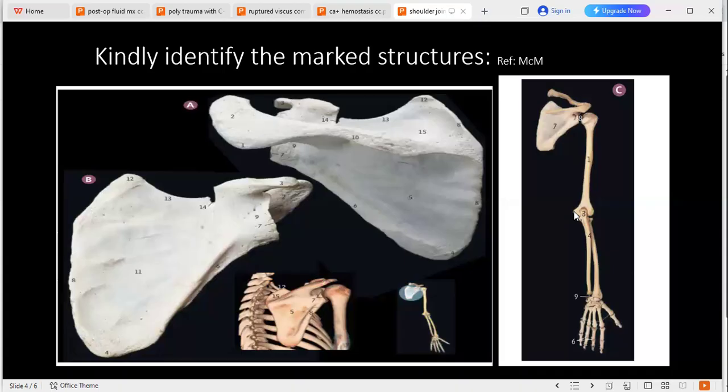There could be injury to the anterior interosseous nerve, with loss of OK sign, radial nerve injury leading to wrist and finger drop, and ulnar nerve injury with partial claw hand.